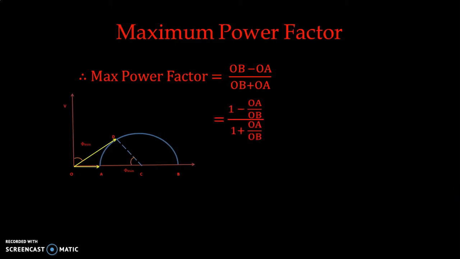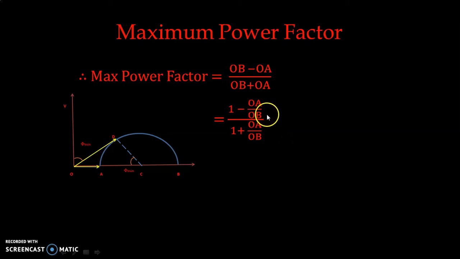So if we divide both sides by OB, then it becomes 1 minus OA divided by OB, divided by 1 plus OA divided by OB. Dispersion coefficient, we know that it is OA divided by OB.